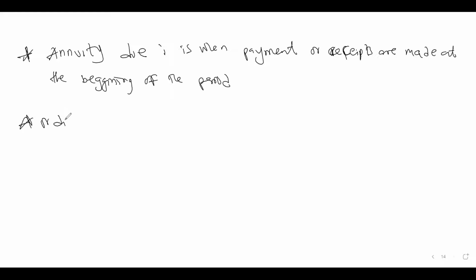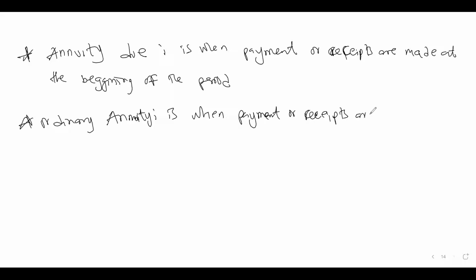An ordinary annuity, which we've done already, is when payments or receipts are made at the end of every period.